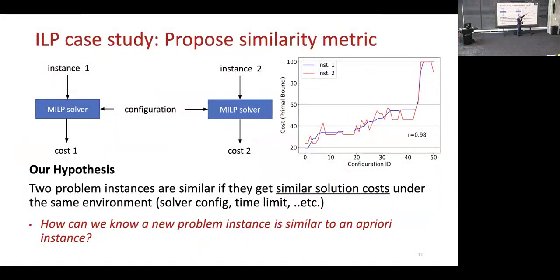The two costs are actually very similar to each other. So even just one configuration can be good enough. If I run one configuration on two problem instances and I see the solutions are very close to each other, then there's a very likely chance that they will be trending with each other. So you can do it with just one configuration. Random one, or do you pick it? You can pick a random one. Yeah, random one. We tried that, and it's as easy as that.